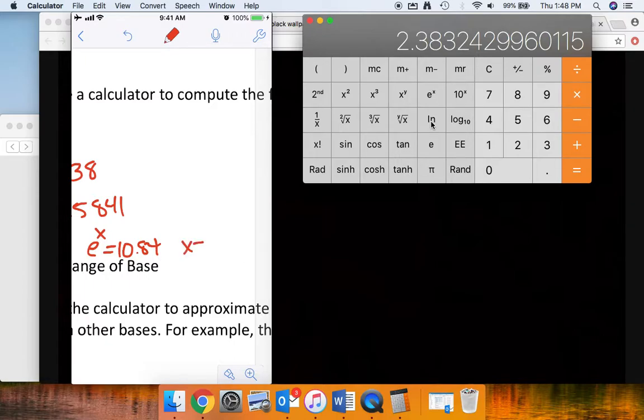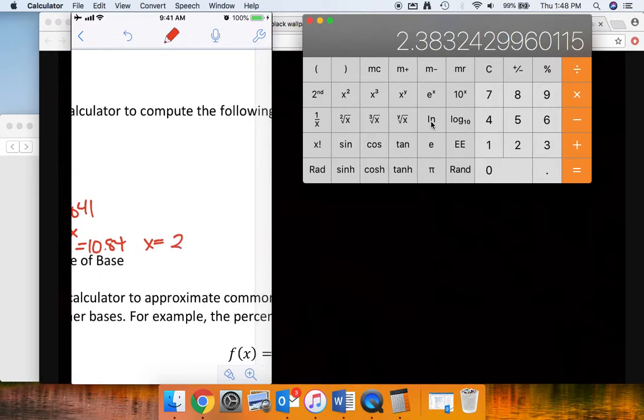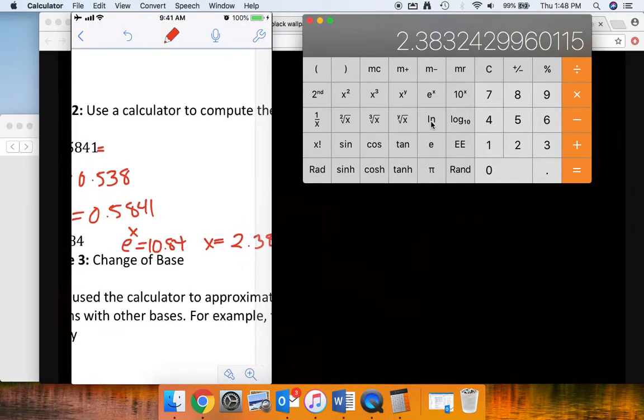And so x is equal to 2.383, because the next one's 2. And that makes sense, right? Because e squared would be about 7.4 and e to the 3rd would be about 20, and this is a little less than 2. So yeah, that makes sense. Okay, cool.